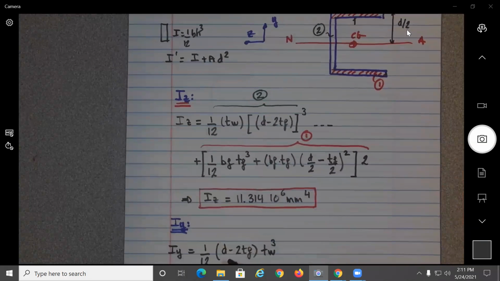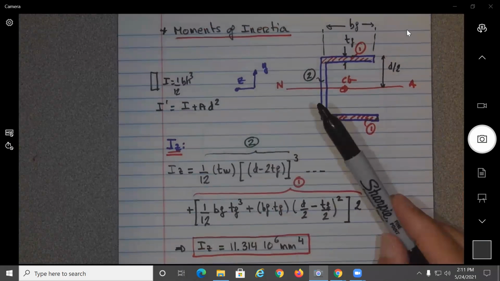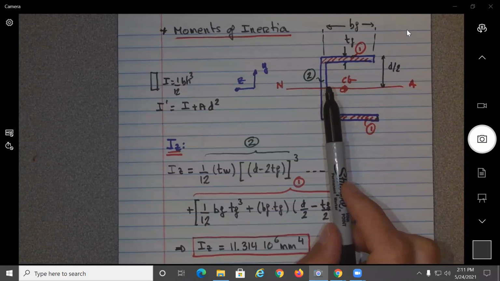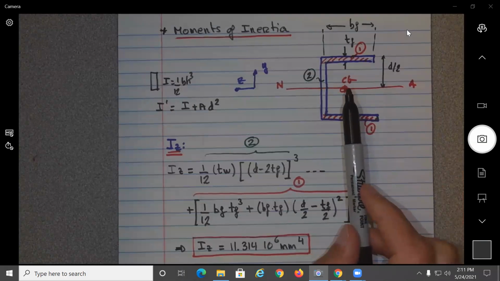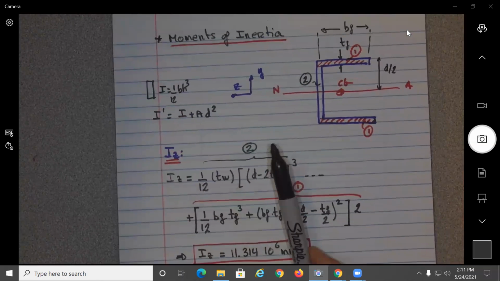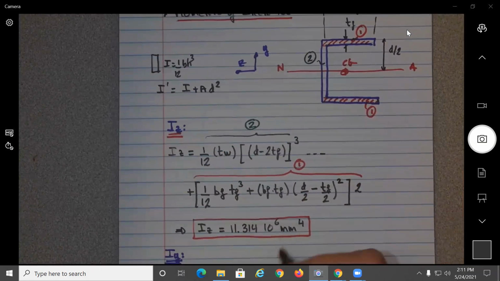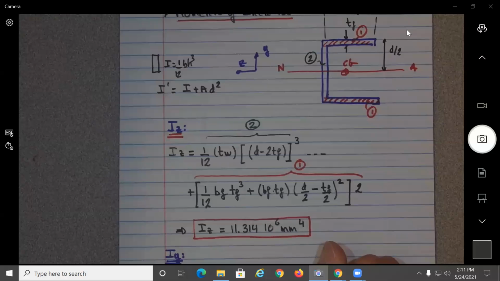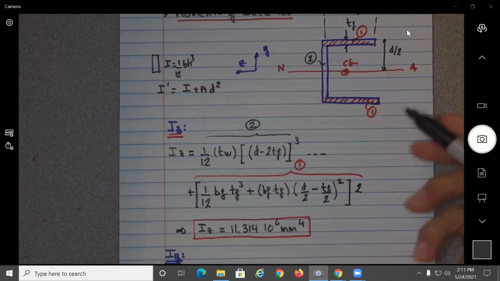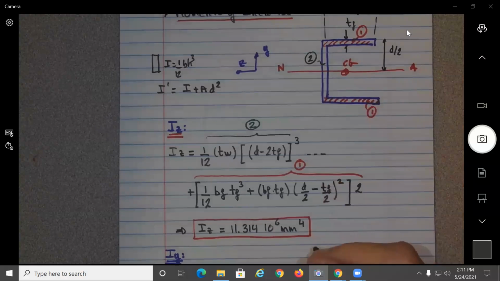So now when we do the distance, we need to look at the distance between the CG of this cross section and the general CG. So we found this one here. Now we need to move this one right over here. So what would that be equal to? It would be plus the area, which is what? d minus 2 T F, which is the height, times the web. So this is the area.